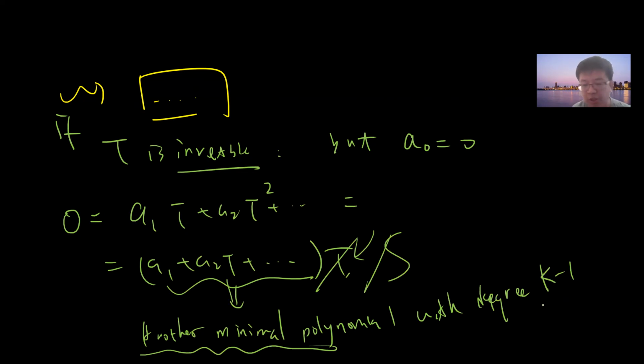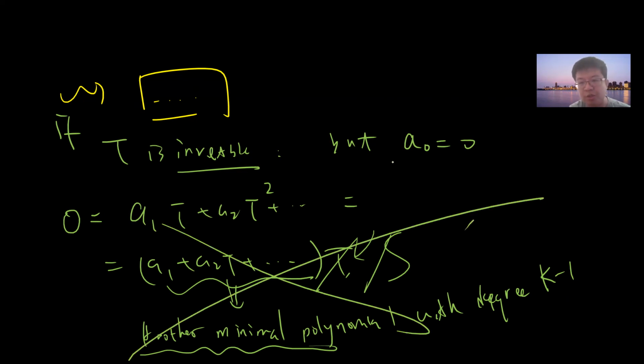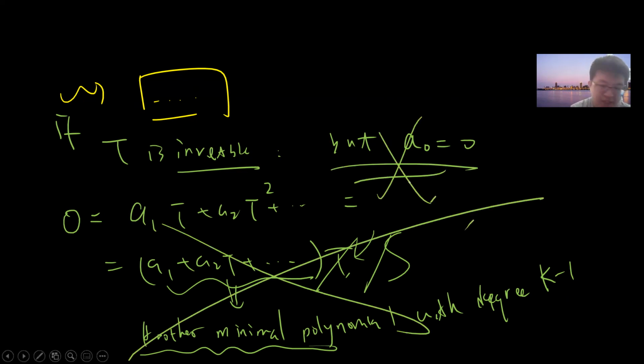But I said that degree k is the minimum, so this cannot be. Contradiction. So what that means is that one can always write T inverse as a polynomial of T.